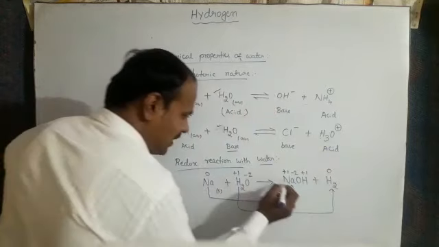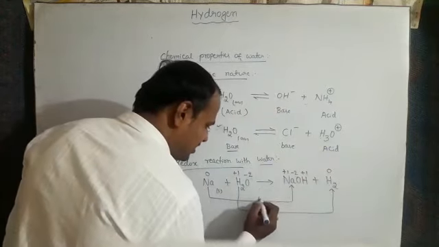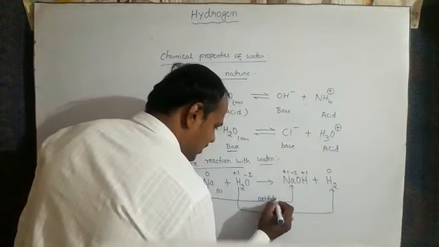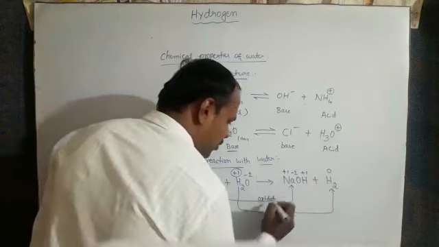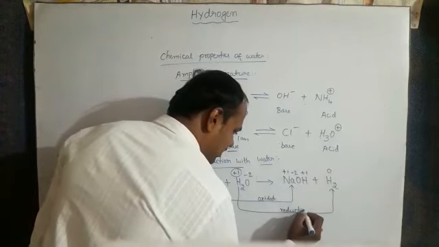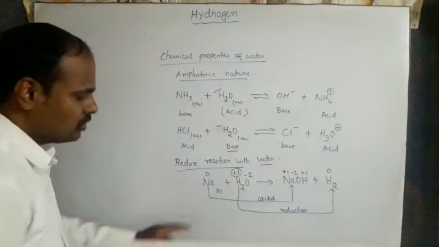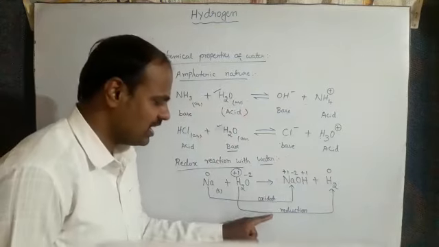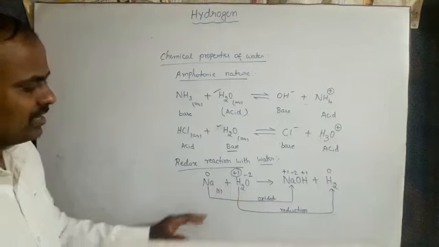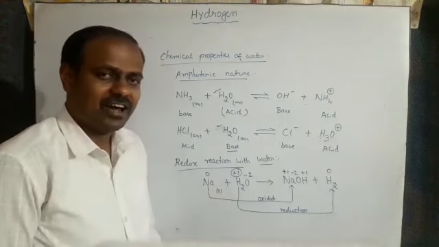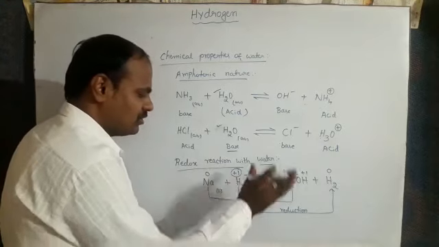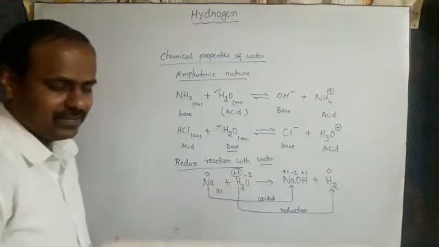Here 0 to +1 is an increase in oxidation state, which is oxidation, and +1 to 0 is a decrease in oxidation state, called reduction. Both oxidation and reduction reactions take place simultaneously during the chemical reaction. This type of reaction is called a redox reaction. In this reaction, the water molecule shows redox property.